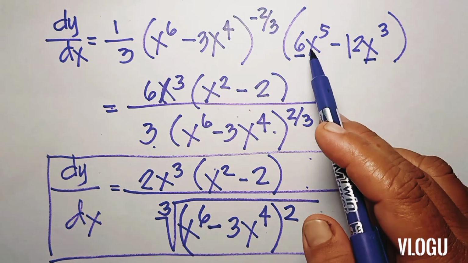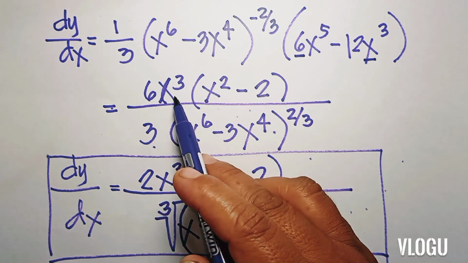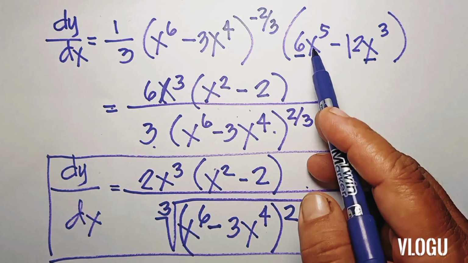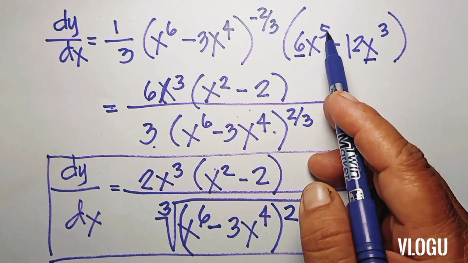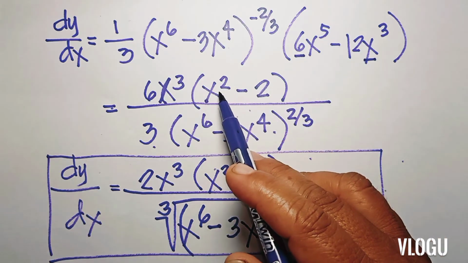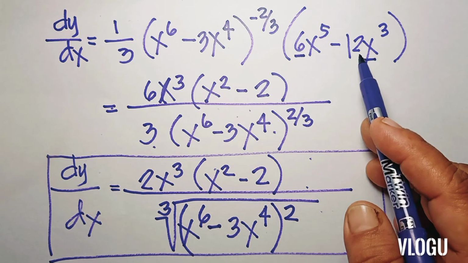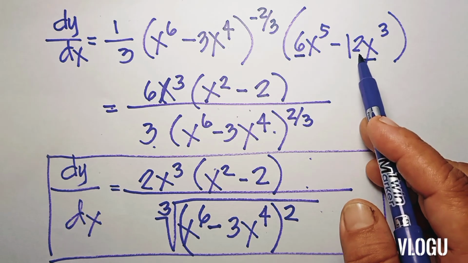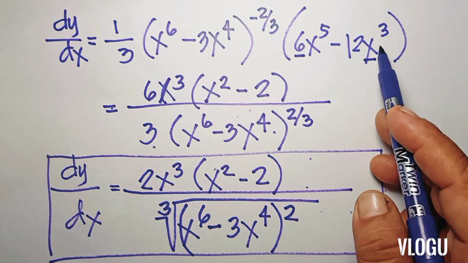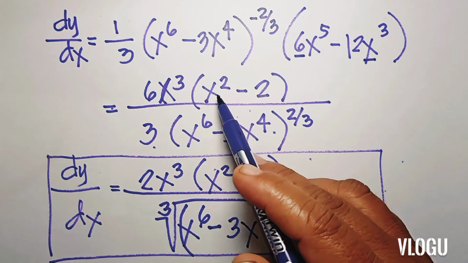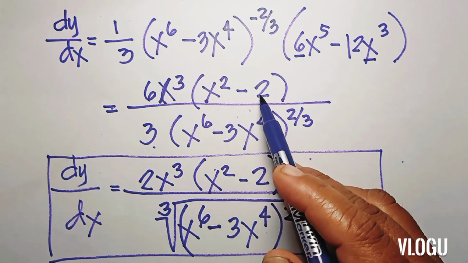So if you factor out 6x cubed, what is left here? You have x to the 5th minus x cubed, so you will have x squared. You factor out 6, so you will have 2 here, and x cubed is being factored out. That's the reason what is left inside is x squared minus 2.